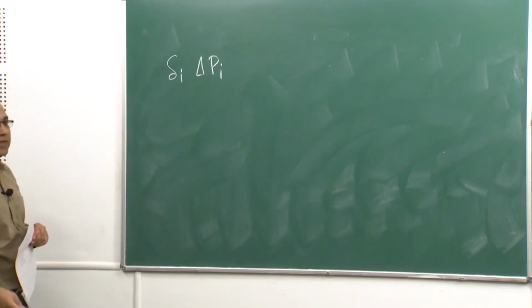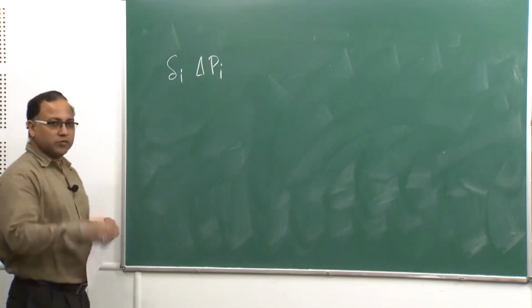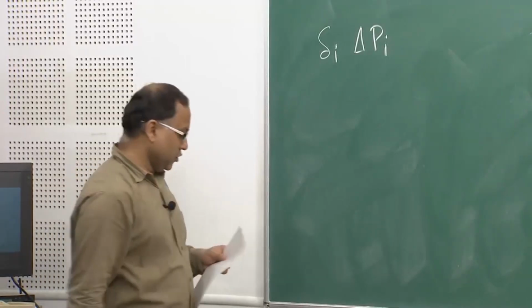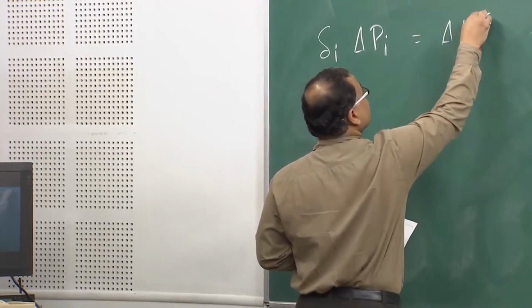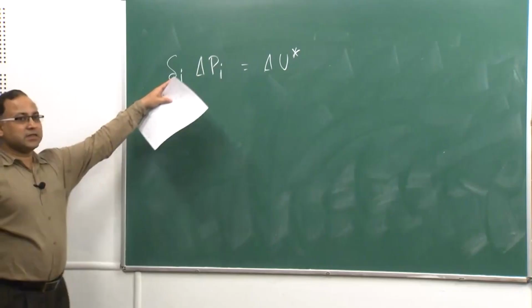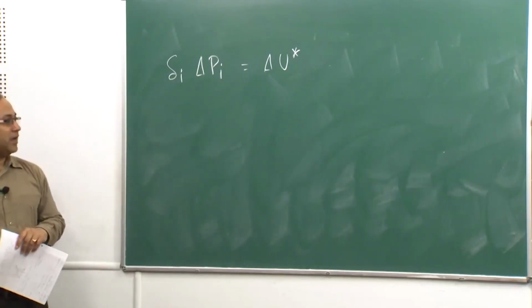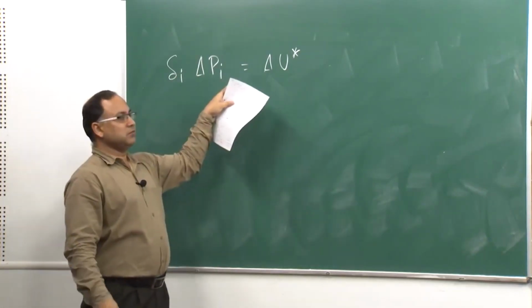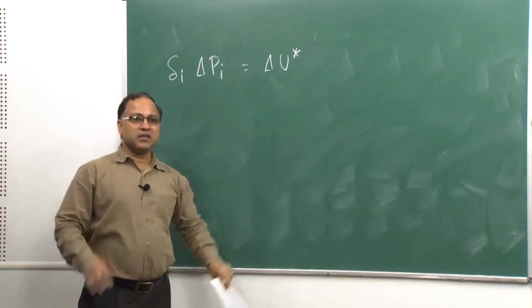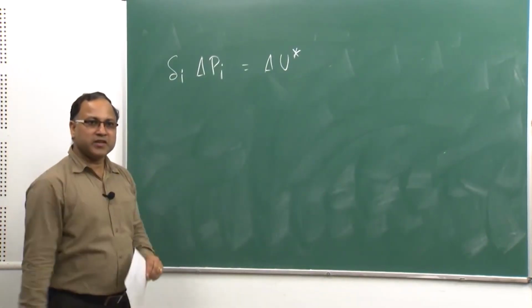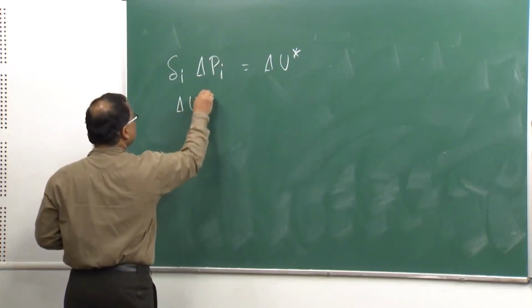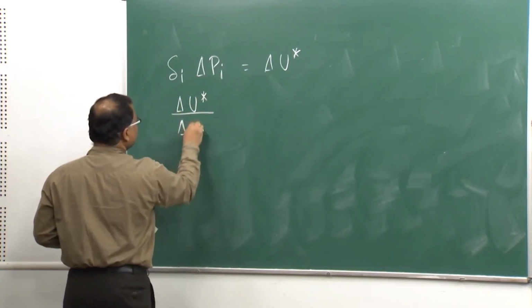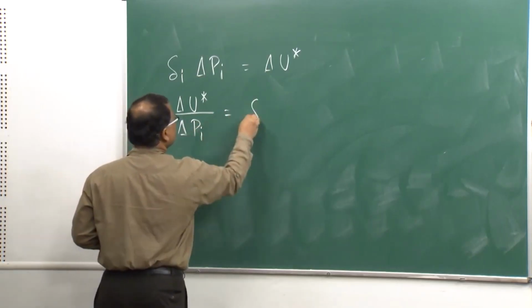because delta i is the displacement for load Pi, is nothing but delta U star, because that is the increment of force Pi. So, that is giving you the increment in complementary energy. From there we can simply write delta U star by delta Pi is equal to delta i.